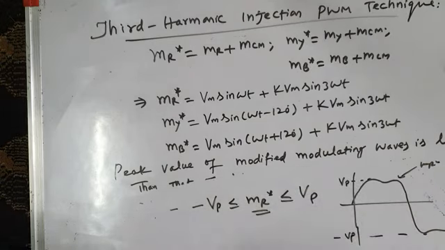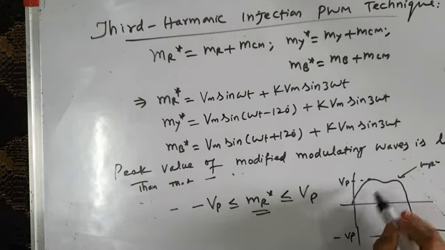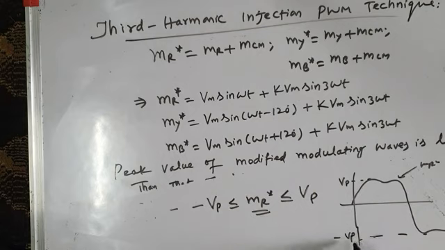It is not in overmodulation. It is either less than Vp or equal to Vp. Similarly, it is equal to minus Vp in the negative half cycle, or less than minus Vp in magnitude. So this is the range of Mr star. Similarly for My star and Mb star also. So that was about the third harmonic injection PWM technique, some of the points which we have already discussed. This is the summary of all that.